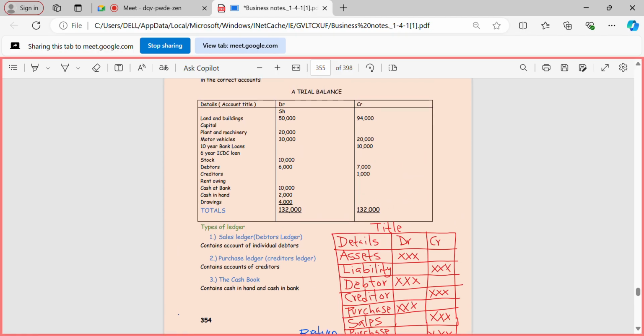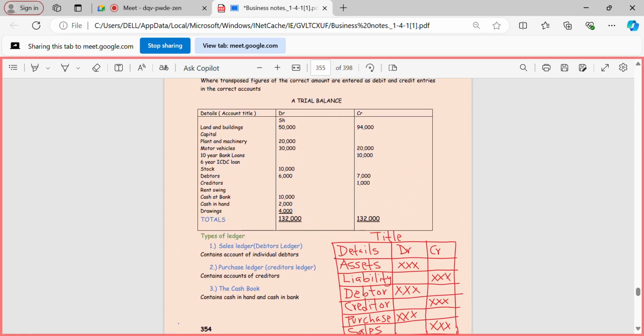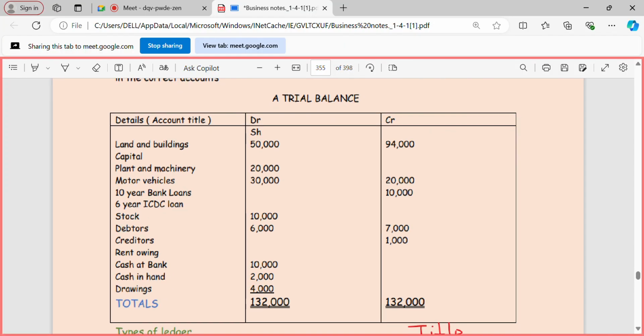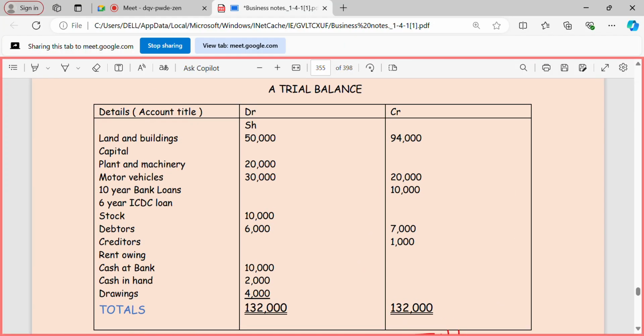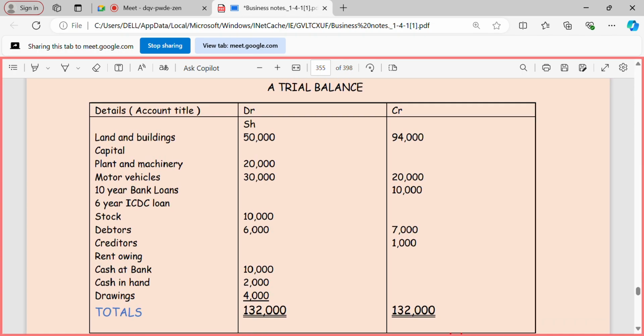If you do it properly, the answers are always the same. So maybe if you get 250,000 on the debit side, you will also get 250,000 on the credit side. So that is how you prepare a trial balance.